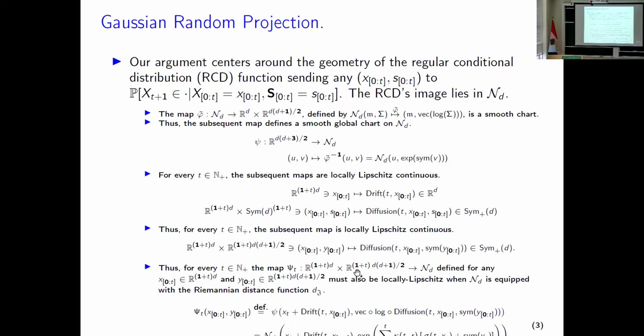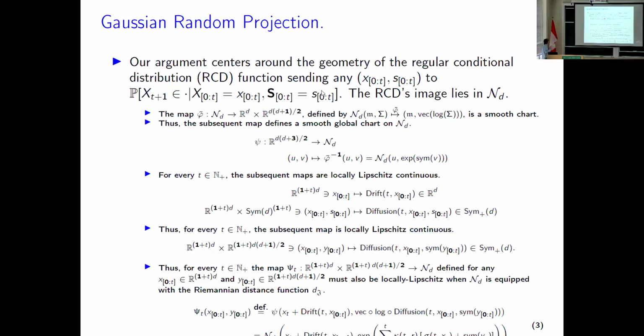The main takeaway of this slide is the following: all the arguments that we are going to present hinge on the fact that the regular conditional distribution function that sends this point to this conditional probability belongs to ND, okay, and these are all the steps that you need in order to prove that this conditional distribution belongs in ND.